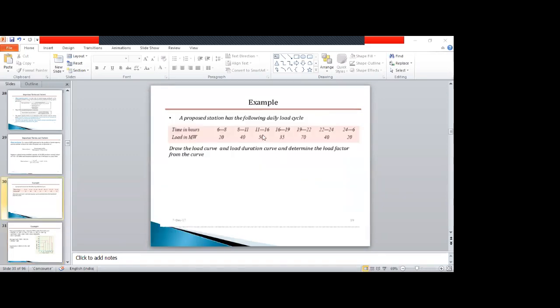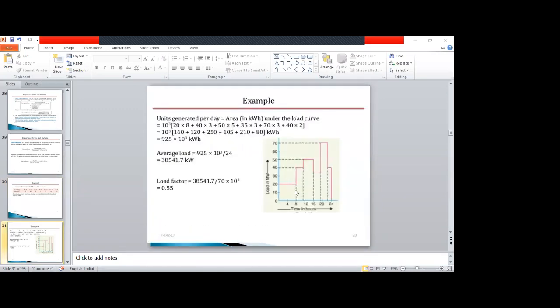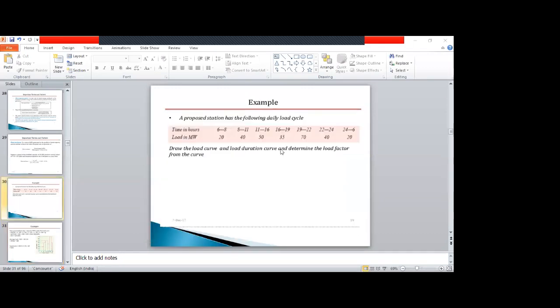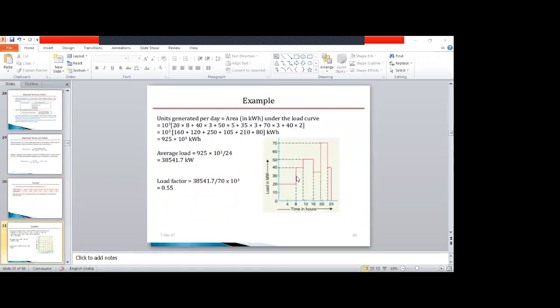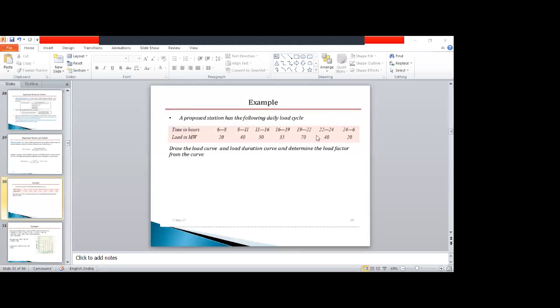Then 11 to 16, it is 50 megawatts. Then 16 to 19, 35 megawatts; 20 is here, and at 19 it is 35 megawatts, approximately as we have represented.